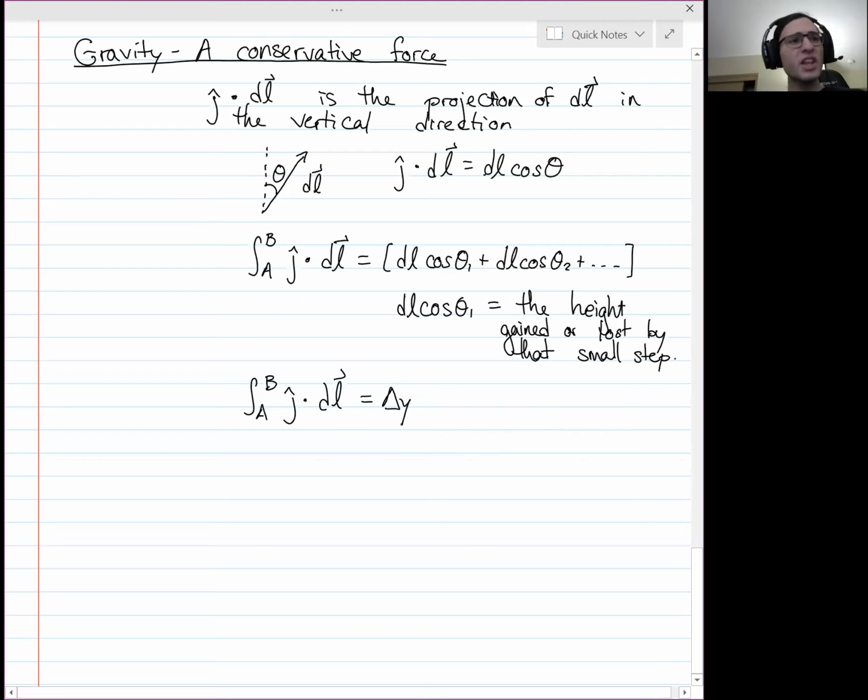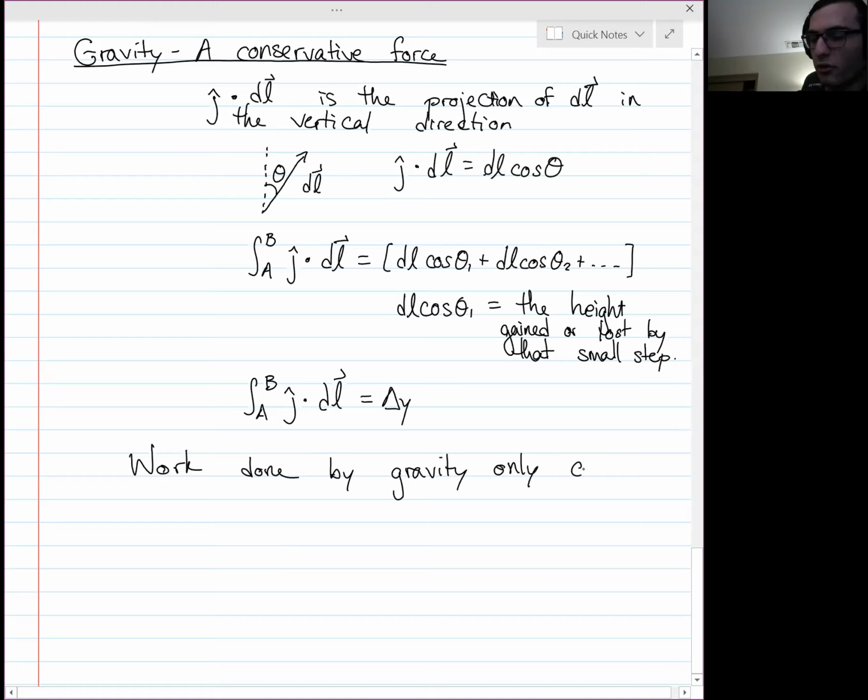The point here, and perhaps it's quite remarkable, is that even though there was some complicated path with a loop-de-loop, the work done by gravity doesn't care about the path that was taken. It only cares about the initial and final positions. And that's an important fact.